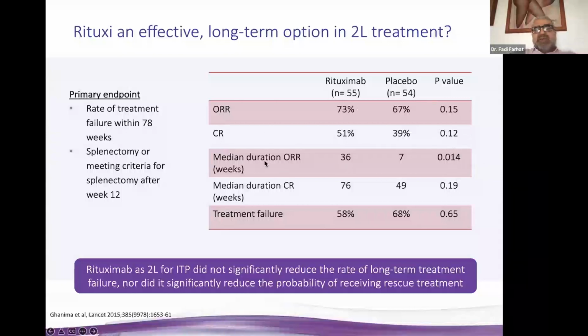The median duration of response was higher and statistically significant with Rituximab, but not the CR or the treatment failure. So Rituximab as second line did not significantly reduce the rate of long-term treatment failure, nor reduce the probability of receiving rescue treatment. As was also said by my colleague Dr. Muhammad, we don't aim to cure the patient, we aim to sustain to the maximum a safe level of platelets.